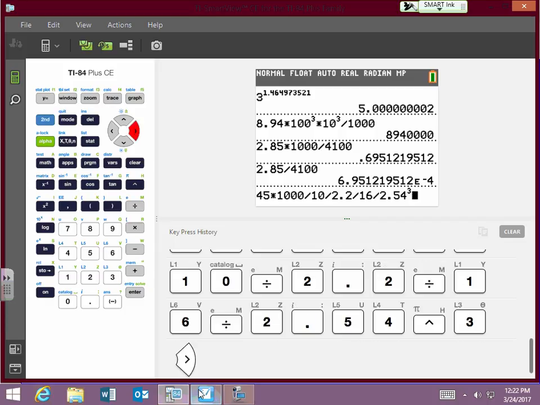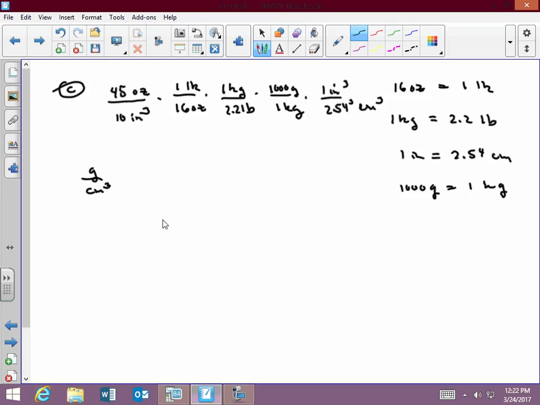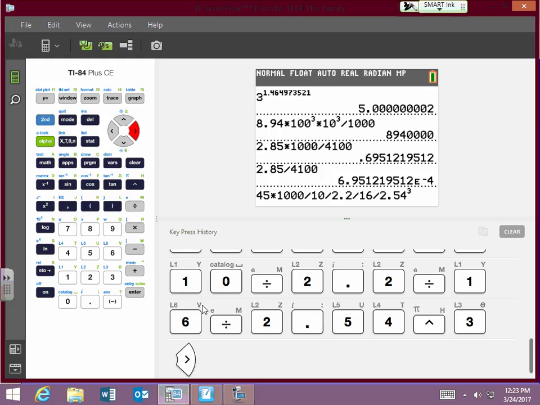Let me see. So I divided by 10, 16, 2.2, 2.54 cubed, multiplied by 45 and 1,000. Okay, make sure you got this all right. I think it's really good.